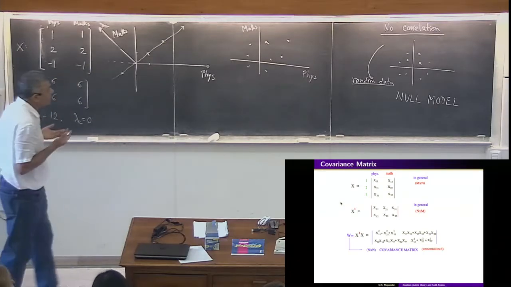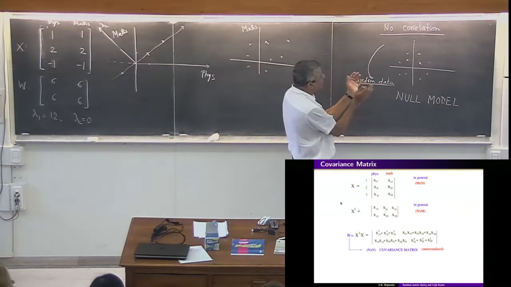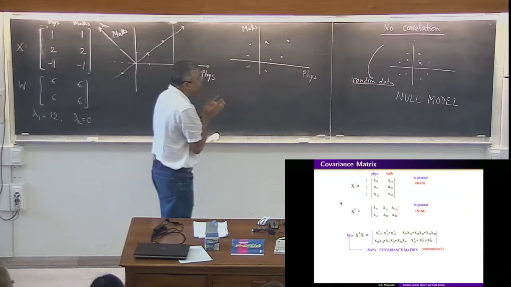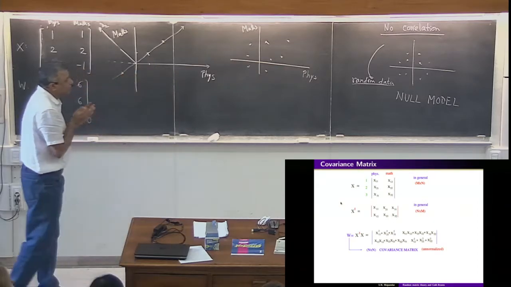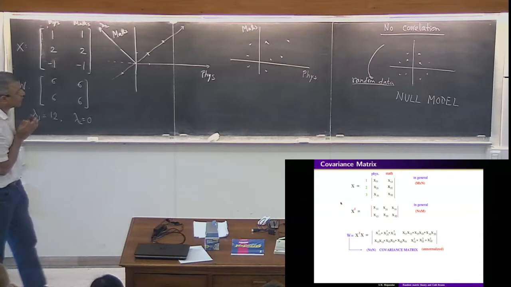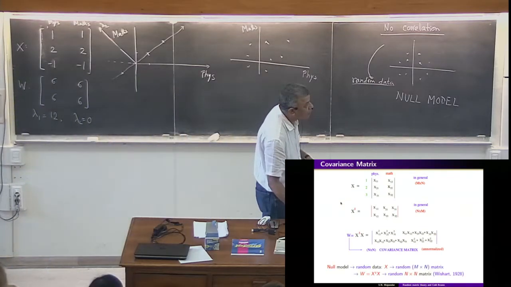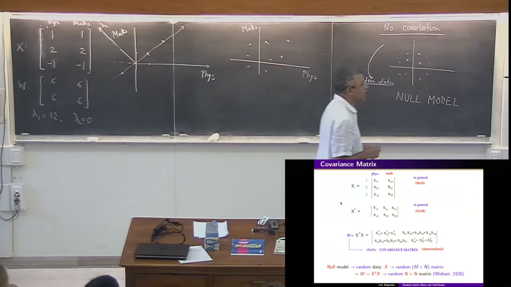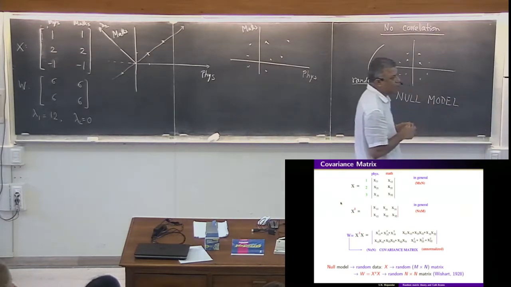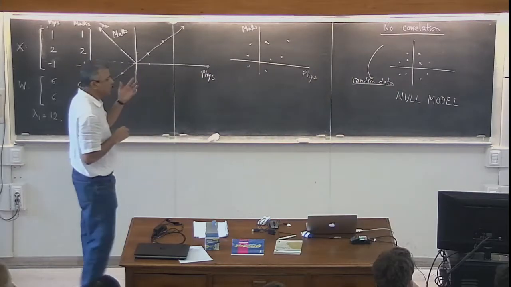So what he suggested, therefore, is that as a null model, just to build something to compare with, we should try to understand the eigenvalue and eigenvector structure of a completely random matrix. Okay. So this is the main motivation of Wishart, that this is used as a null model for random data in order to detect correlations in a given data.